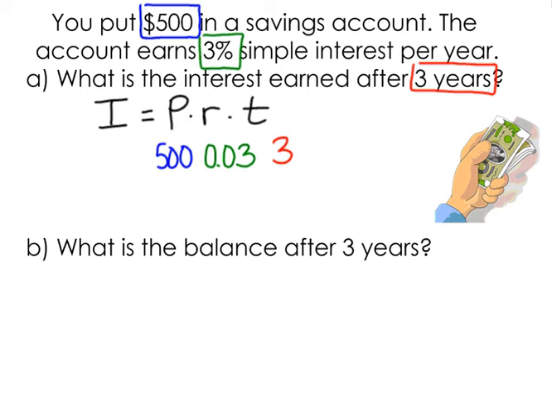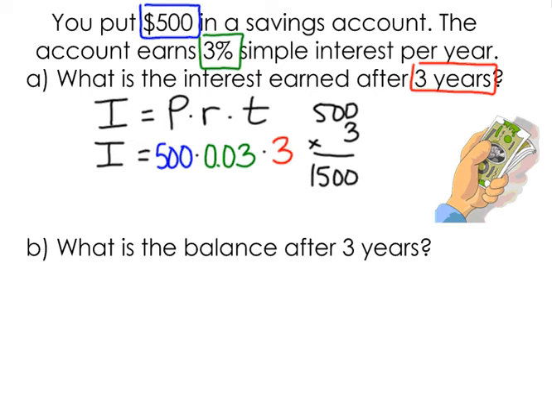With interest problems, you're going to have 3 of the 4 variables, and so you're going to plug them into your equation, and then we'll fill in the rest with our equal signs and our multiplication signs. Okay, from here, I just need to multiply these 3 numbers together. I can multiply those in any order I want using the commutative property. So I'm going to go ahead and multiply 500 times 3 first, just since those are my 2 whole numbers.